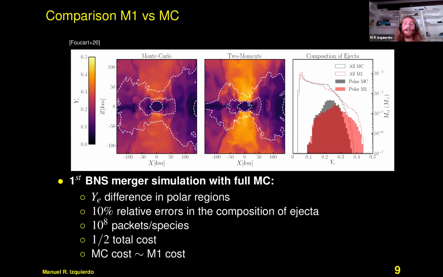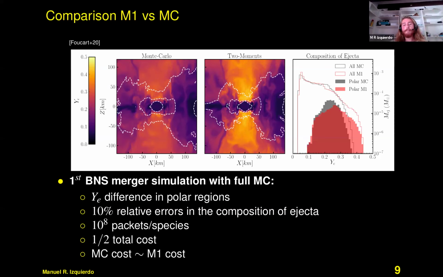And maybe in the core, where you need to have more packets, you have around 3 or 4 per cell, which I find is quite a small number for giving such nice results. And these simulations are expensive. I mean, this neutrino transport is expensive, as in these cases it corresponded to 50% of the cost of the total simulation.